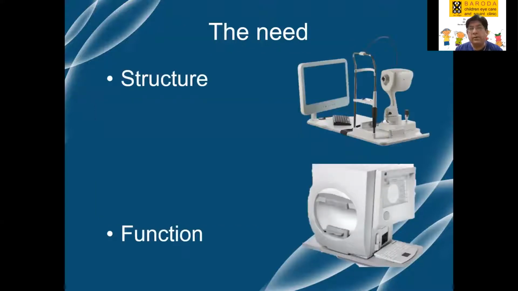And what is the need of ERG? We already have these investigations. To know about the structure, we have OCT, and to know about the function, we have the visual field.